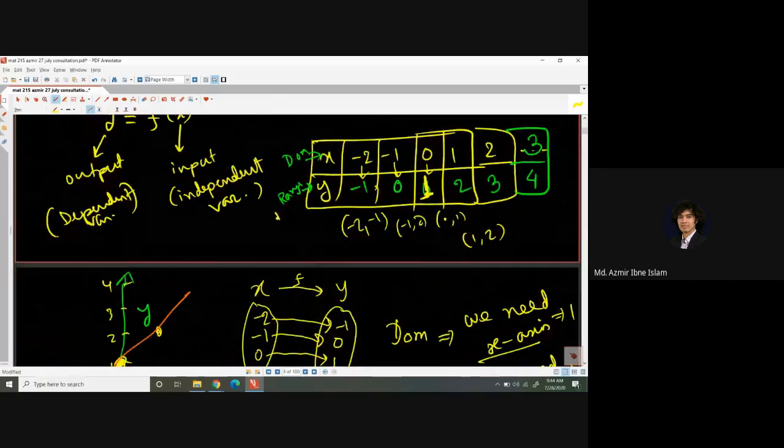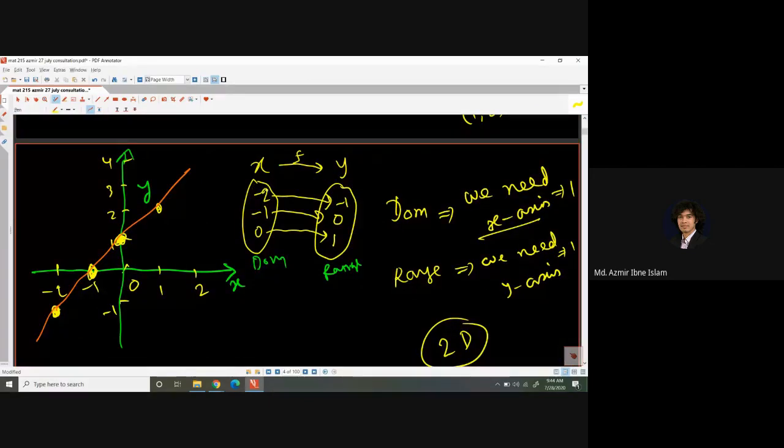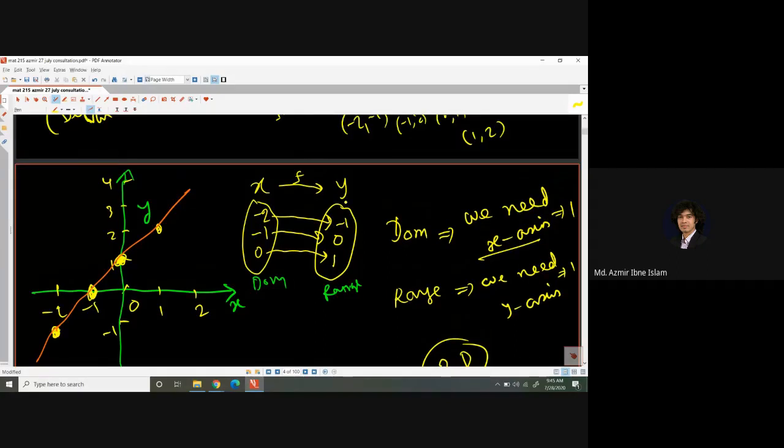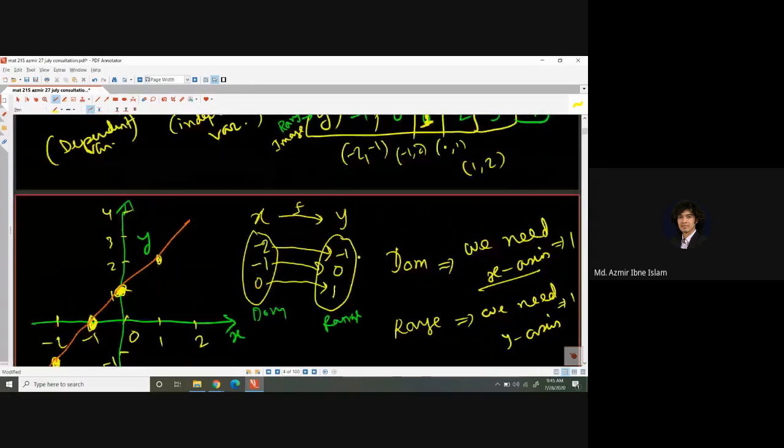Range is called the image. y is the image of x. That means if I ask you what is the image of -2, it is -1. Image of -1 is 0. So image is not often used. That is, we can say -2 is mapping to -1.